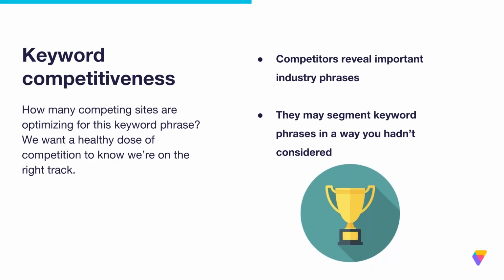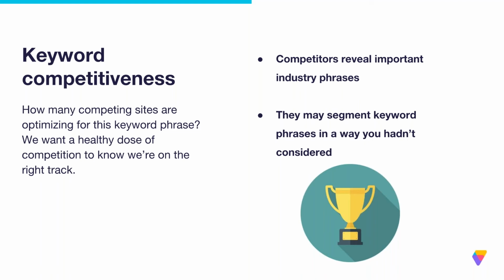So we've looked at volume, now let's look at competitiveness. As I mentioned a little bit earlier, competitiveness is measuring how many other websites like yours might be optimizing for this particular keyword phrase. And we know that looking at competition tells us if we are on the right track in terms of keywords that we are trying to optimize for ourselves.